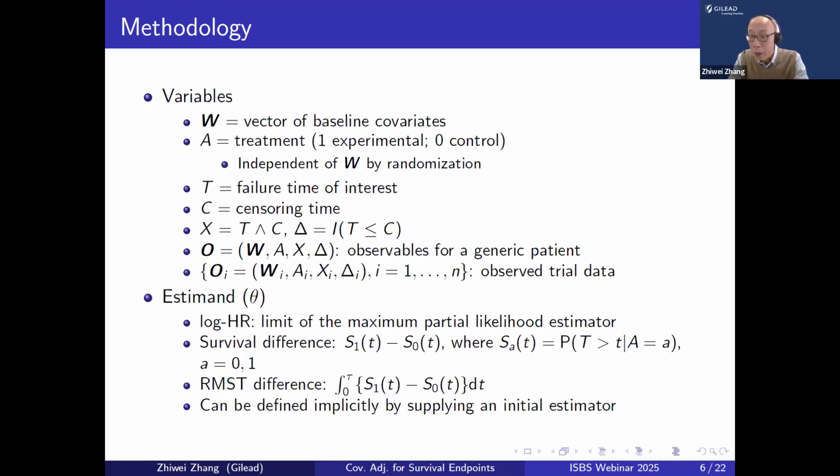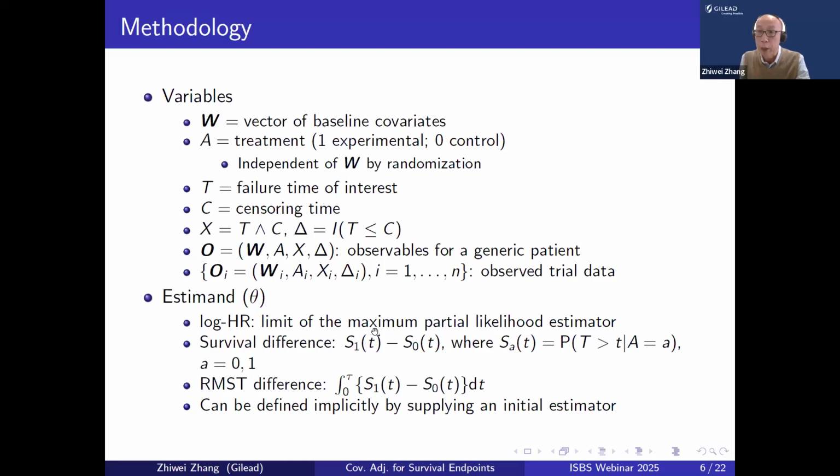But don't get me wrong, I understand that a misspecified model can still be useful. That's why we use them all the time. But we need to be clear about what it is we are estimating. That's why we define the log hazard ratio as the limit of the maximum partial likelihood estimator.